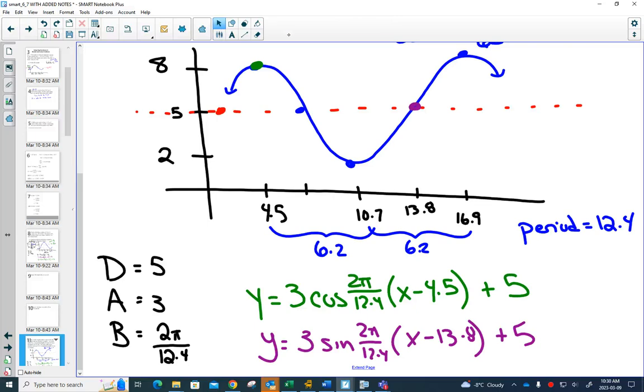So we were able to graph the function, and now we found two equations. One with sine, and one with cosine. And then the next part says, estimate the depth of the water at 1:30 p.m. Okay, again, would it make sense to you that 1:30 p.m. would be at 13.5?